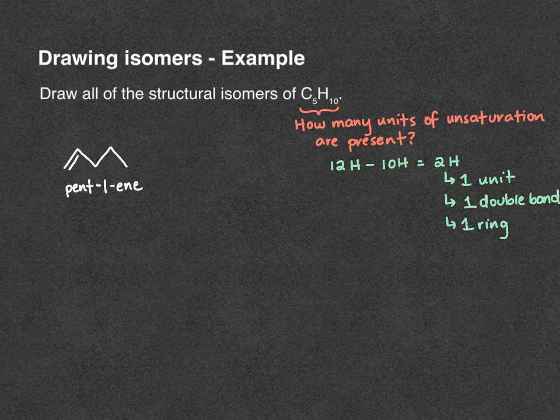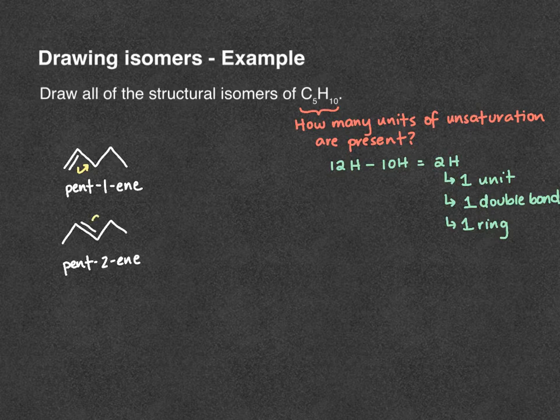Now I can take that double bond and I can just shift it to the next carbon. So in doing so, I create a new isomer, pent-2-ene. Now I could try to shift it one more time, but when I do so, I get pent-2-ene again. So this is where naming is important, because if you were to draw it and then name it, you would see it's the same. So that's all of my 5 carbon chains.